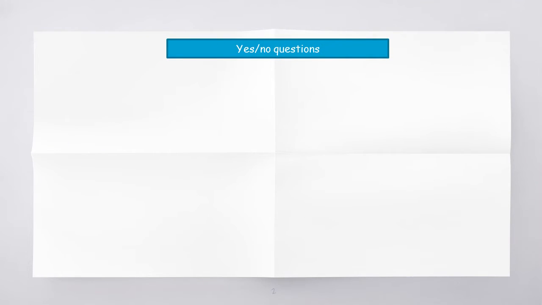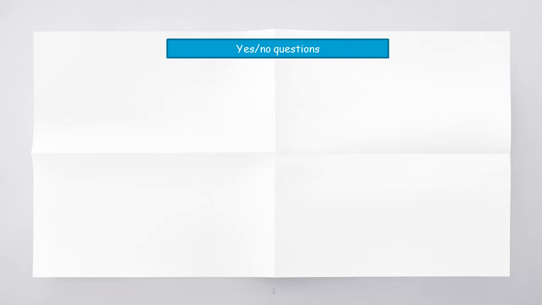Okay, first I will explain yes or no questions. Yes or no questions are questions that are always answered with yes or no, but you can also answer with a long answer by adding the words of the question after the to be or auxiliary.